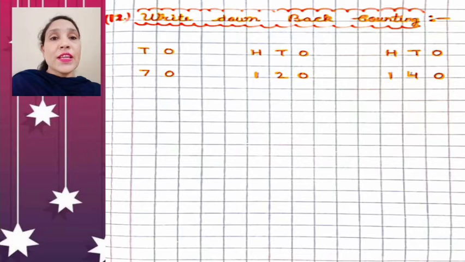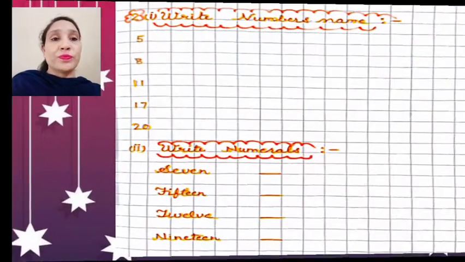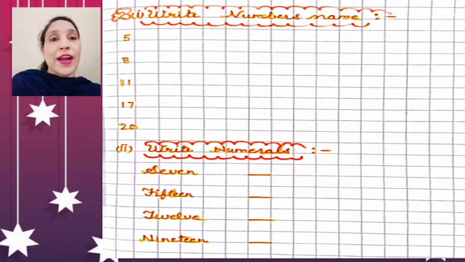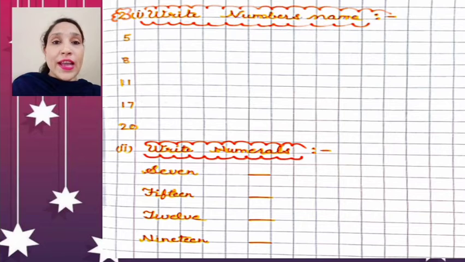Now see the question number 2. So this is the first part. Write number names. You have to write here number names. As we learned number names from 1 to 20 very nicely. So here is number given 5. You have to write here the spelling of 5. Number 5, how will we write its name? FIVE.